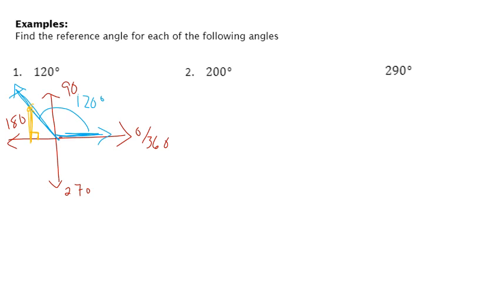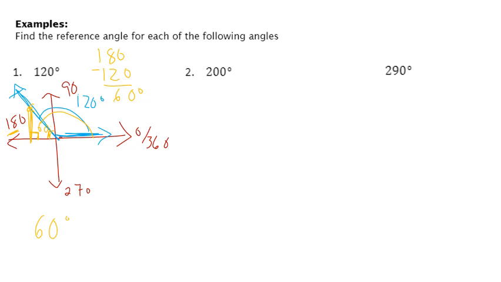And it's really asking how many degrees is this angle right here. So we know the entire thing is 180. If this is 120, I can just subtract 120 from 180. So my reference angle is 60 degrees. So that's the angle that the terminal side makes with the x-axis.